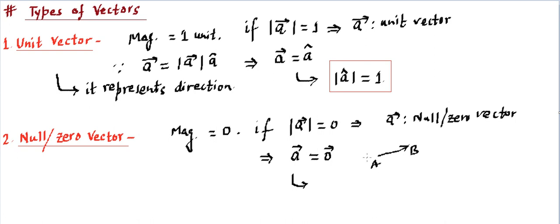Hence we claim it is indeterminate, that means it cannot be found. So the null vector is the zero vector, which has 0 magnitude, and its direction cannot be determined.